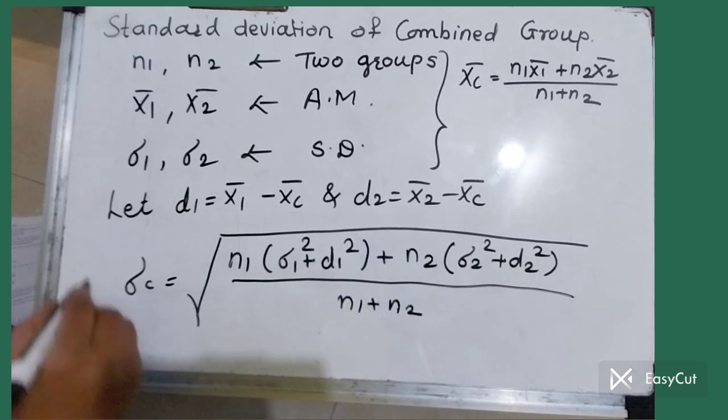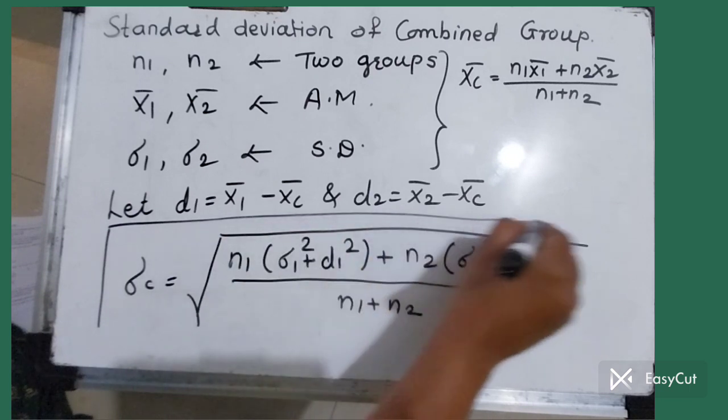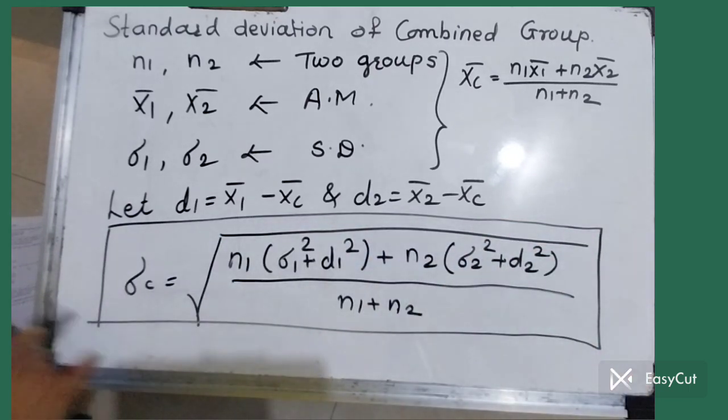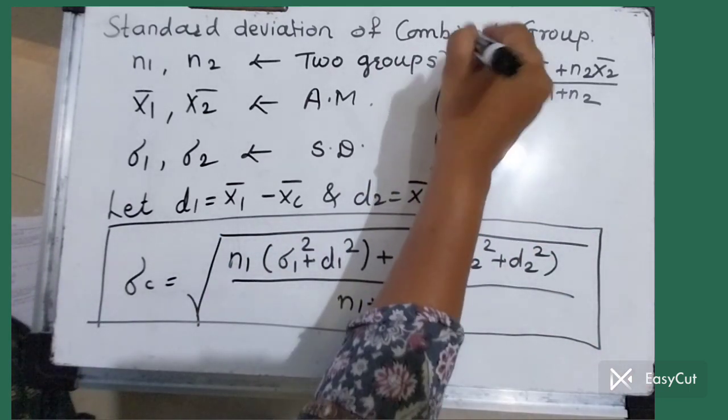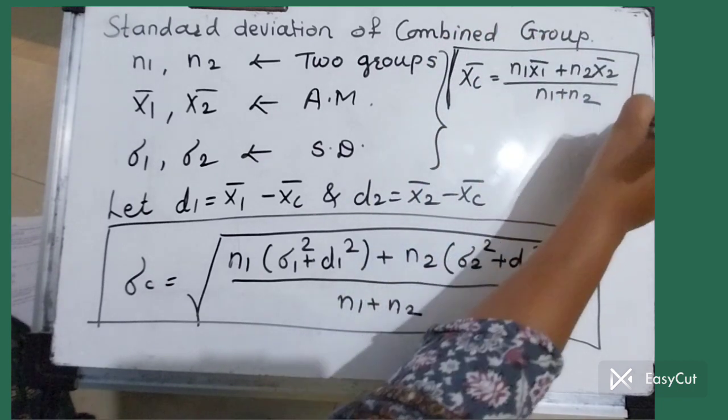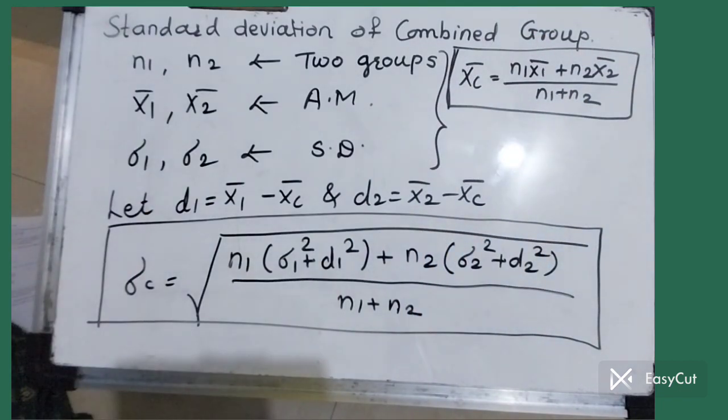This is the formula for standard deviation of combined group, and this is the formula for combined mean. Okay, we'll go through one example. Take a screenshot of this formula.